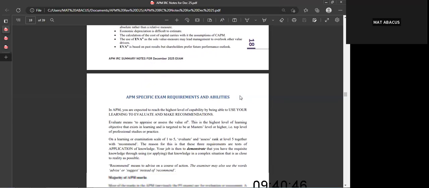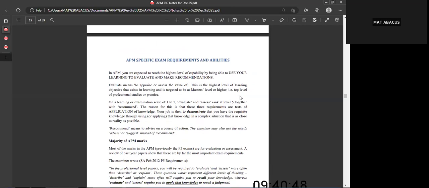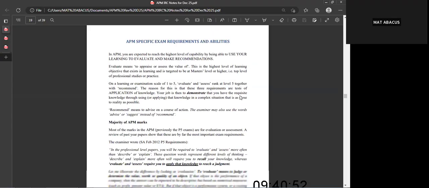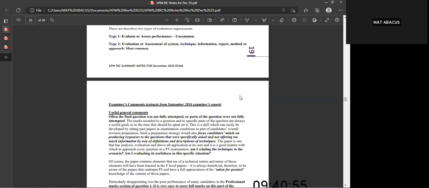Page 19 is where we will start today, with the specific exam requirements and abilities. And then from page 20 are extracts of some examiner's reports, which we will also be looking at this morning to identify the problems that students are having with this paper.